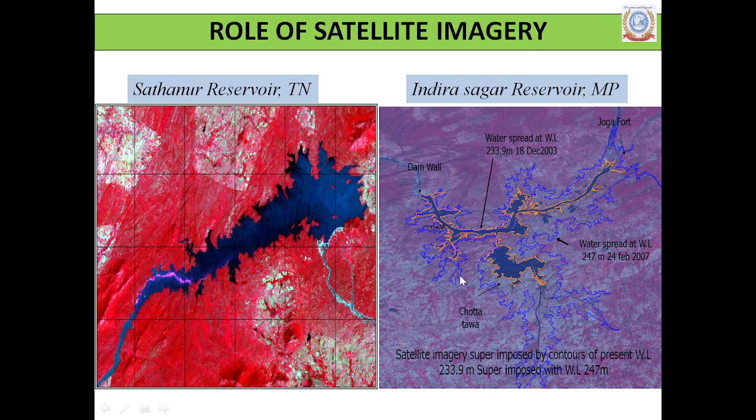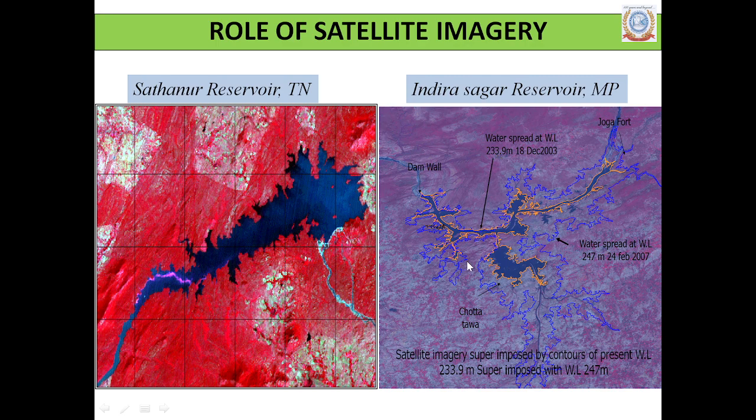The external contour corresponds to 900 square kilometer at an elevation of 247 meter. However, when the survey was planned, the water availability was only on the orange line, which corresponds to a water spread of around 200 or less square kilometer at an elevation of 233 meters.